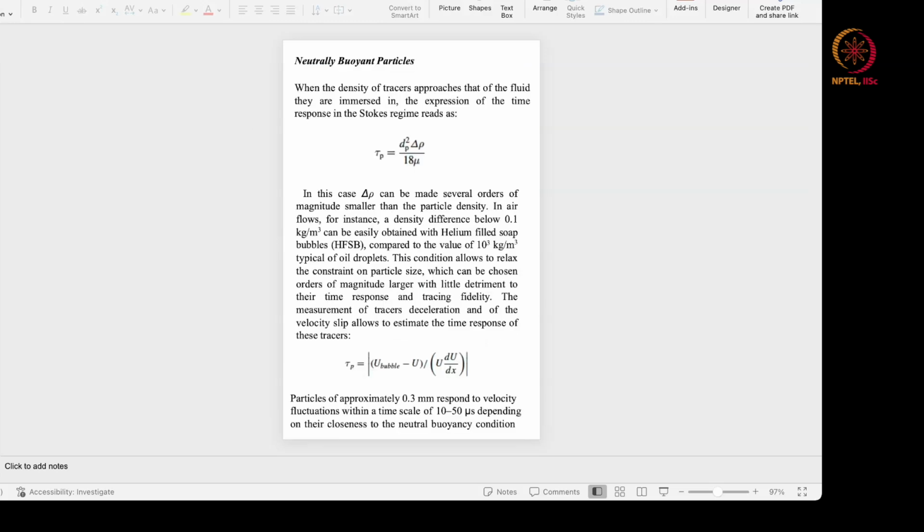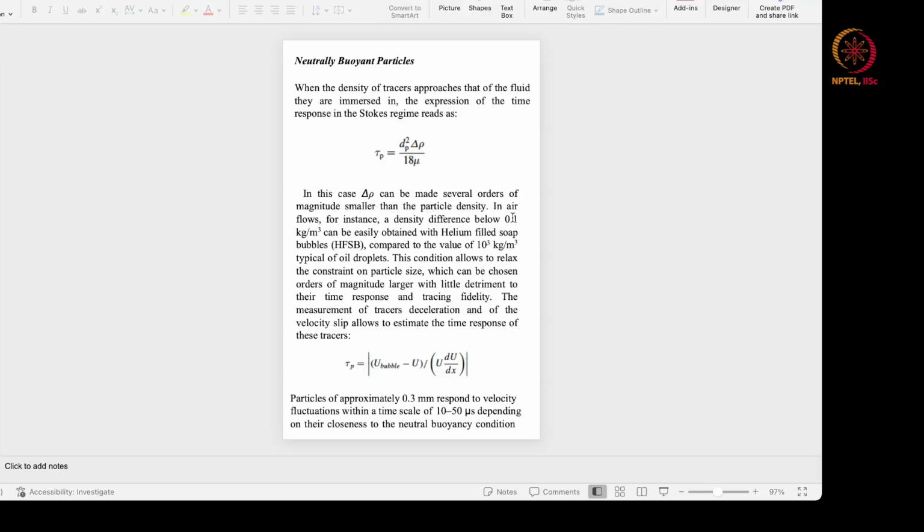Okay, so when you have a neutrally buoyant particle, that is, the density of the tracers approaches the density of the liquid they are immersed in, you can see the response time is basically given by delta rho. In this case, delta rho can be made several orders of magnitude smaller than the particle density.